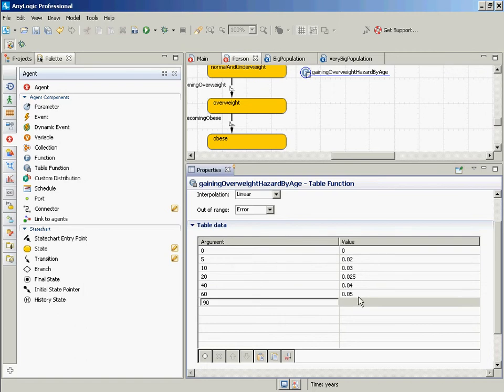Okay, so that's almost certainly off. In any case, I put in some representative values. The point is, this is mapping ages to hazard rates. So when you're a certain age, you have a different hazard to which you're subject in terms of risk of gaining weight per year. Does that make sense, this notion?